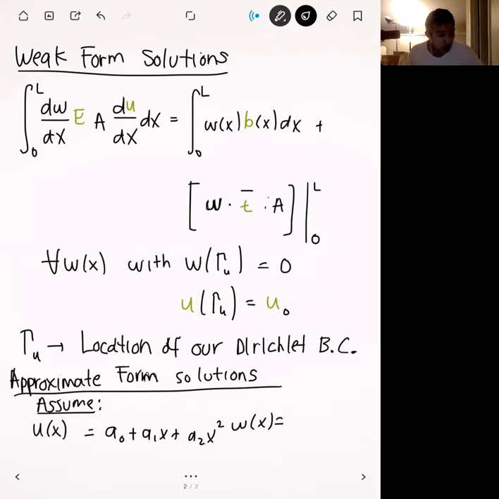So we have a0 plus a1x plus a2 x squared. Then we have to assume the exact same functional form for w of x, albeit with different constants. If our u of x here is a quadratic function, then our w of x is also a quadratic function.